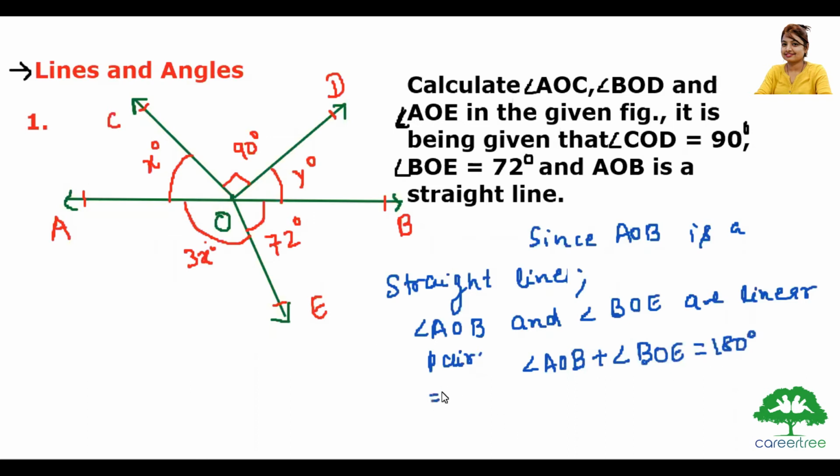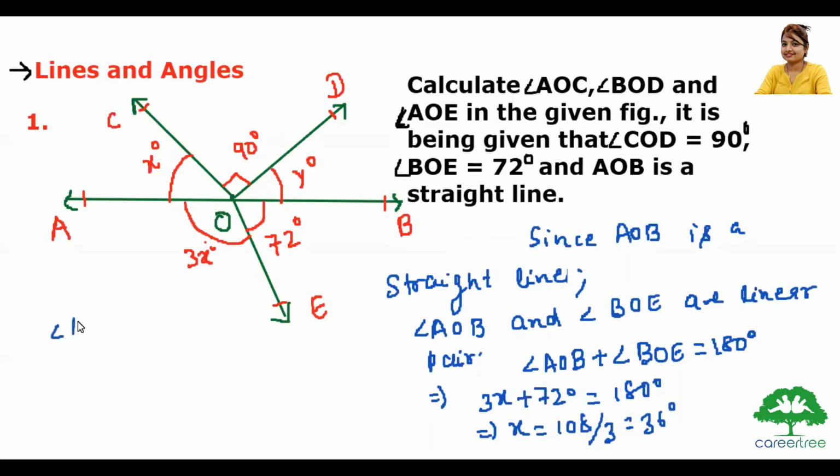Angle AOE is 3x degree, so 3x plus 72 equals 180 degree. So 3x equals 180 minus 72, which gives us 108, and x equals 108 by 3, which is 36 degree. So here the x value is 36 degree.